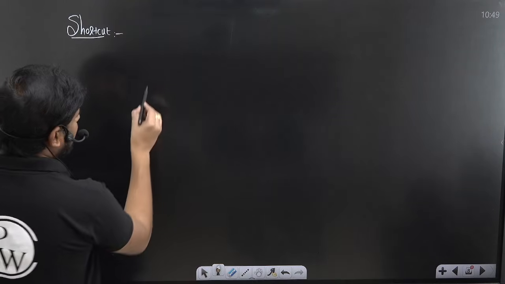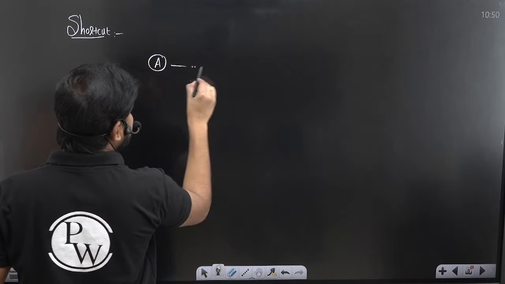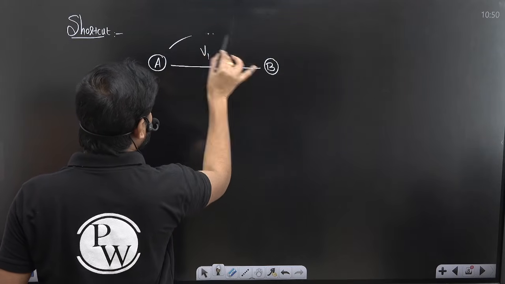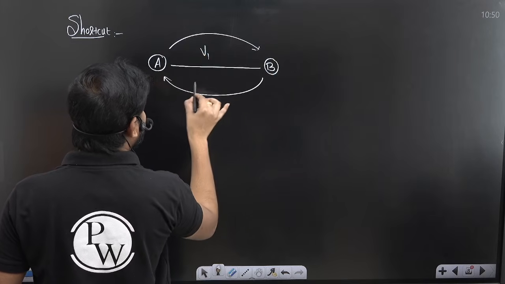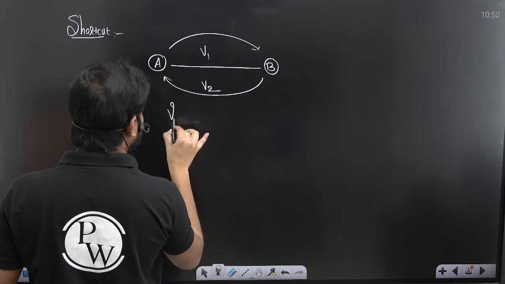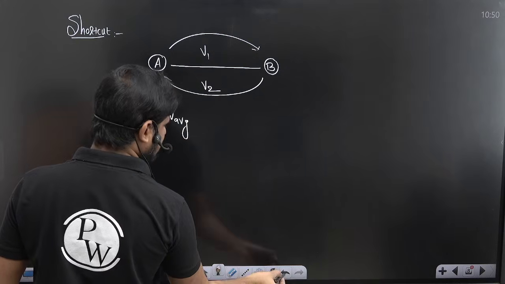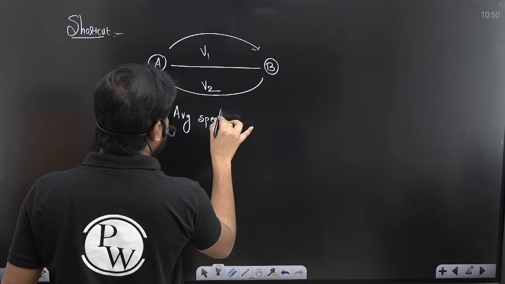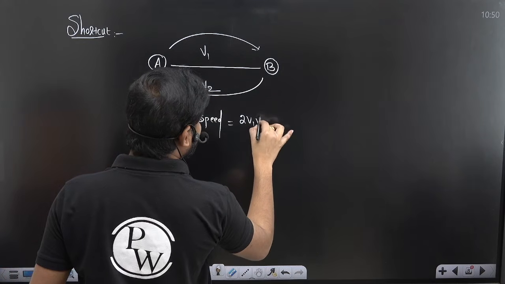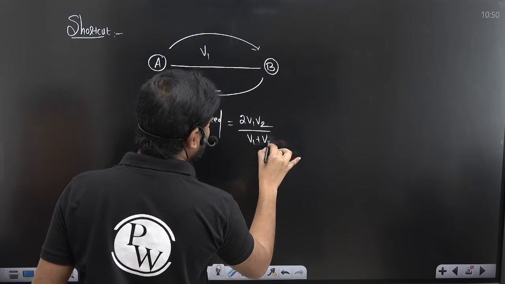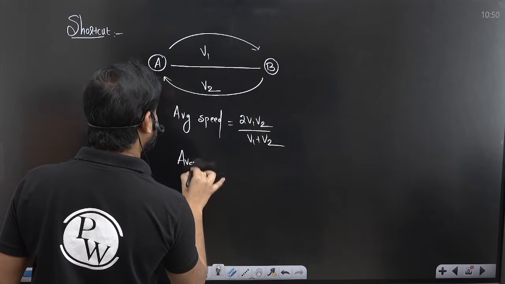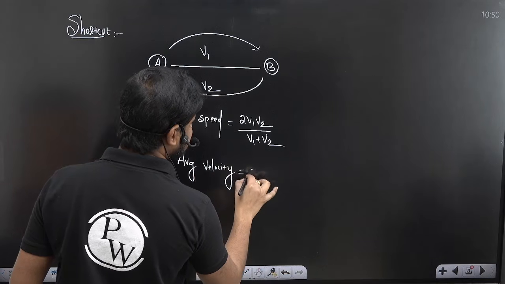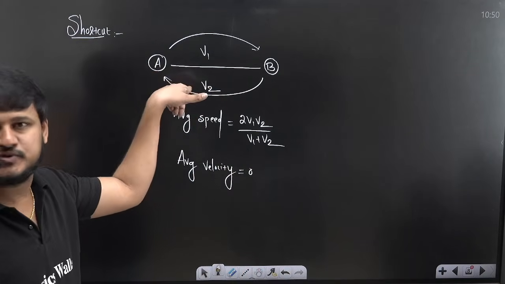Whenever an object covers a certain distance A to B, let's suppose, with velocity v1 while going, and then while returning it's maintaining velocity v2, in this particular case the average speed will be equal to 2v1 v2 by v1 plus v2, and average velocity in this case is 0, because the body is returning to the original position, right?